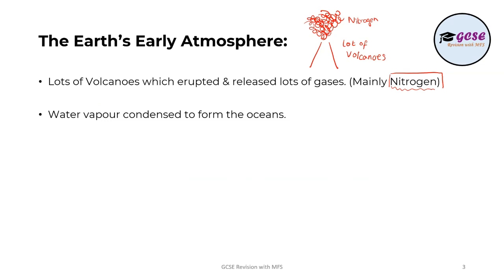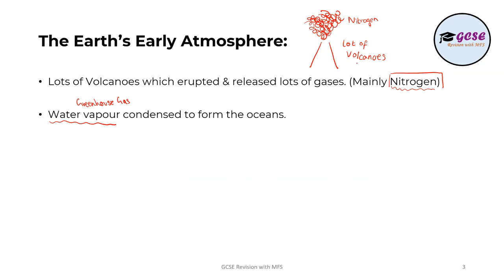Okay, water vapor is also a greenhouse gas. Water vapor also was released from volcanoes. It's one of the gases which are released from volcanoes, and we naturally find water vapor in the air.